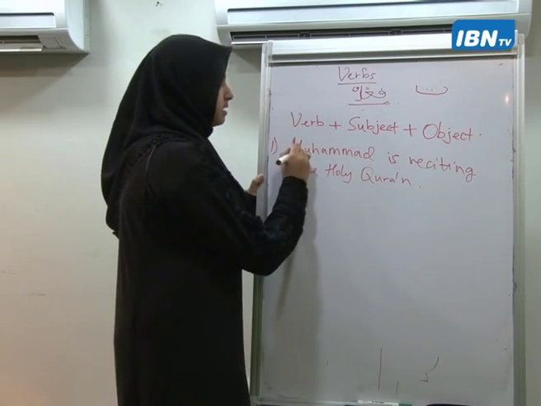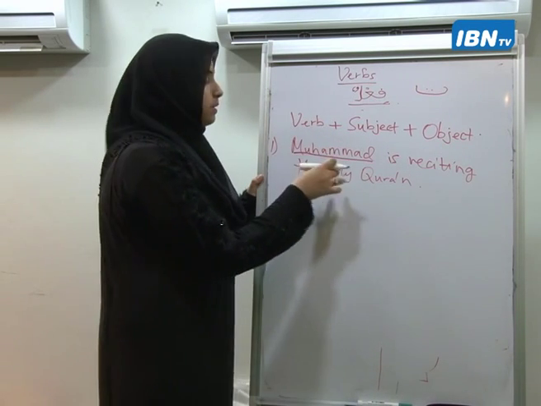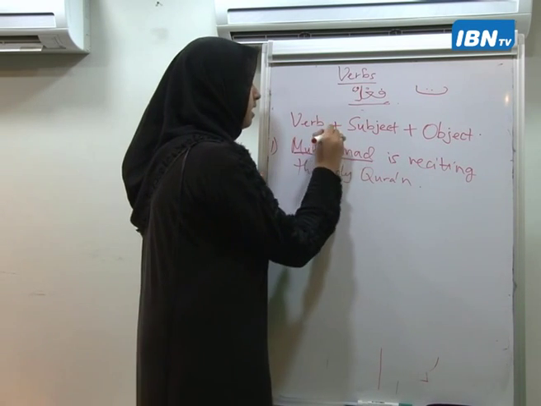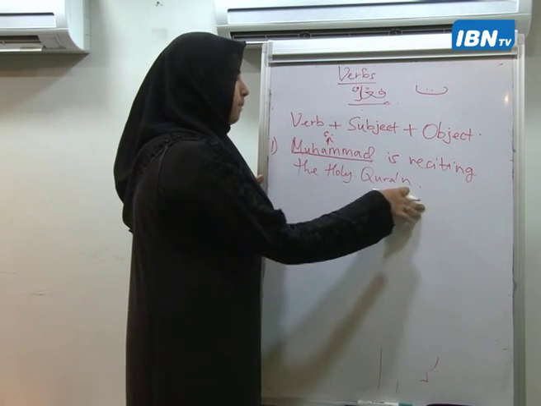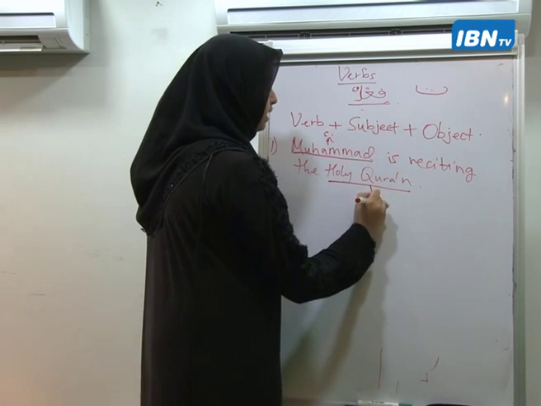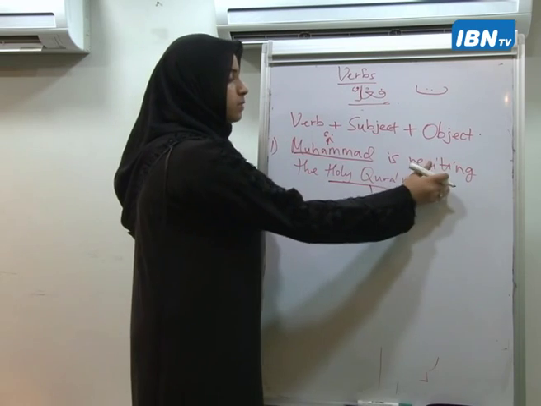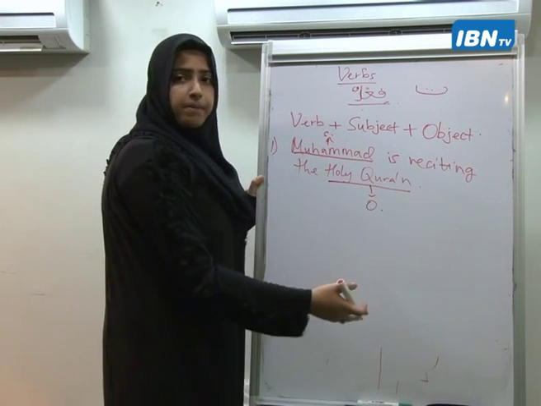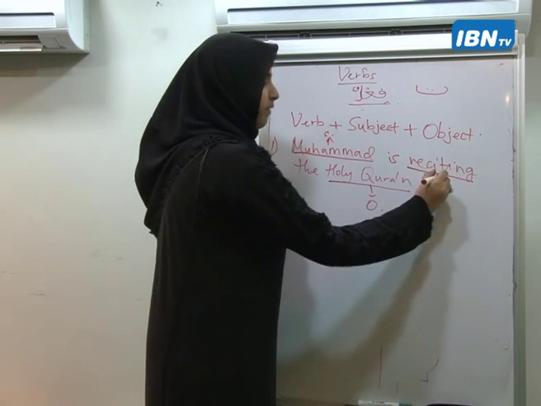I'm talking about Muhammad, so Muhammad is my subject. And what is my object here? My object is the Holy Quran. And what is my verb? My verb here is reciting.